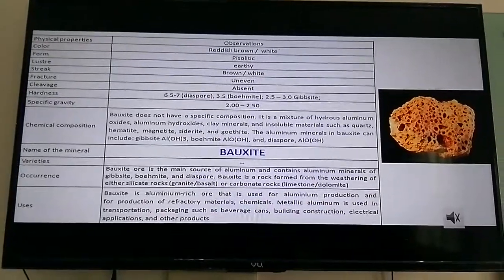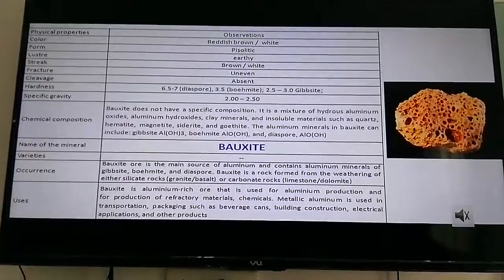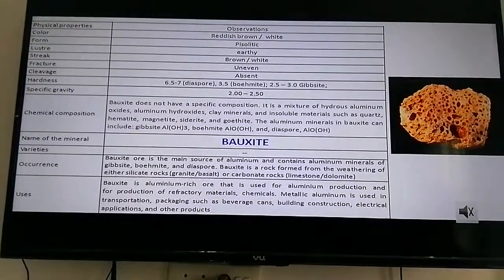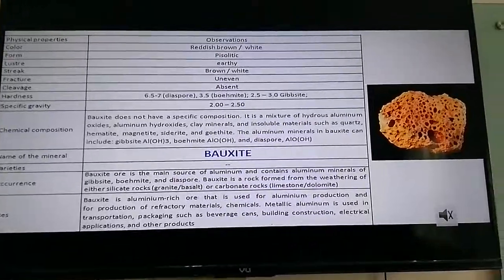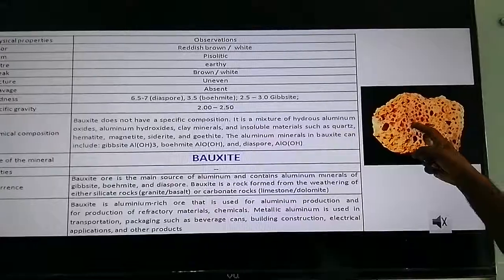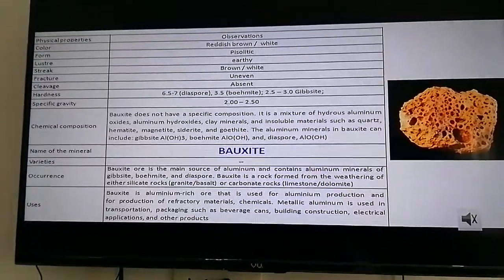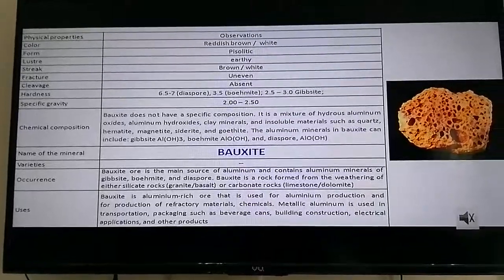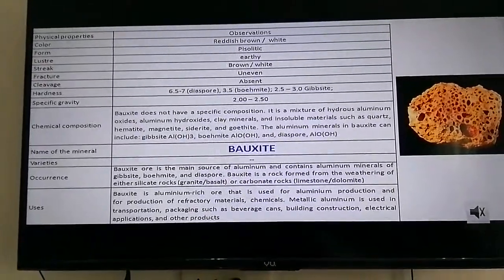Coming to another economic mineral, bauxite. It is usually reddish brown in color, very rarely occurs white in color. Form is pisolitic, that means we can see the circles or semicircles. This is called pisolitic. Luster is earthy, that means dull luster. Streak is brown or sometimes white. Fracture is uneven.